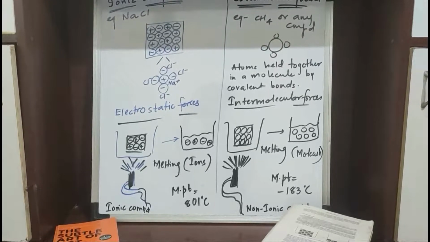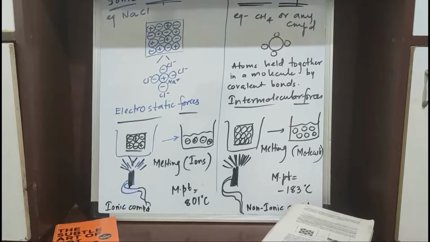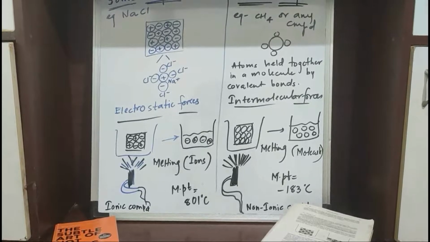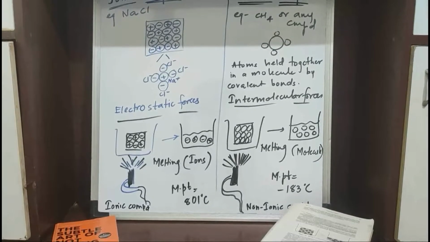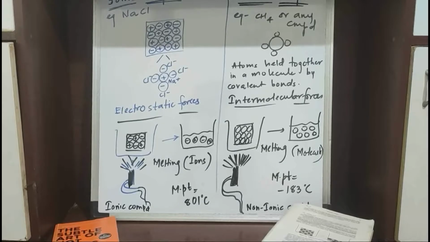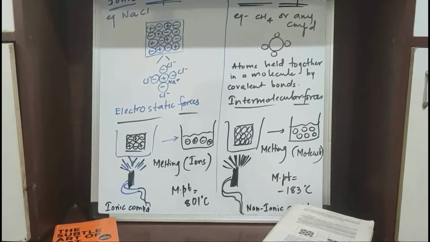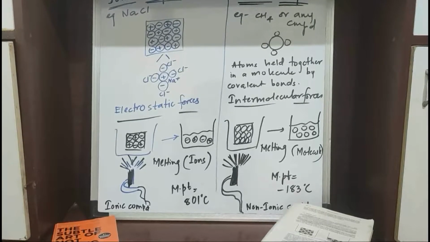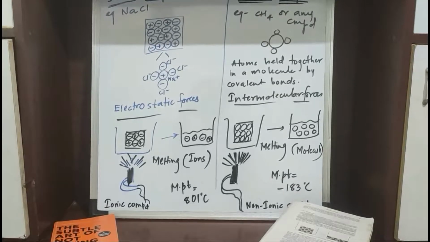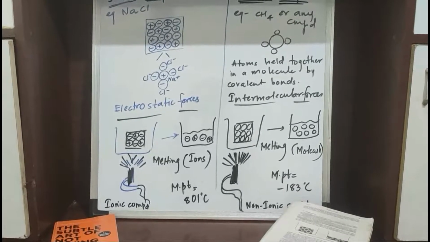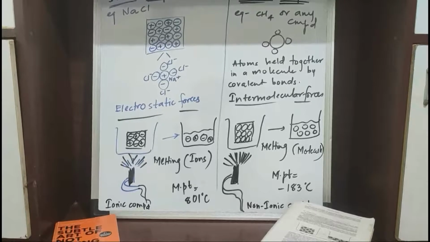If I take one crystal of the salt, then we can see that in that crystal, 1 Na+ is surrounded by 6 Cl-. Now you will say that in the diagram I have drawn only 4, so how am I saying 6? Na here is surrounded by 4 Cl-.